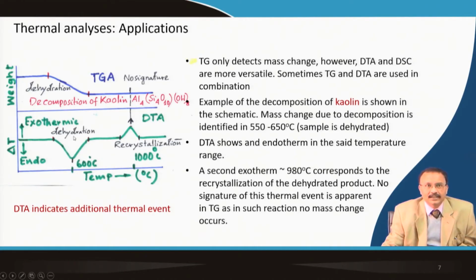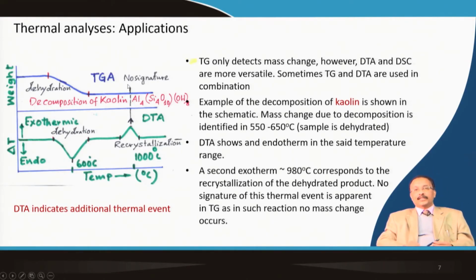But in addition, in case of DTA, you can see the presence of another peak. This is an exotherm which otherwise has no signature in the thermogravimetric analysis. The second exotherm at 980 degrees Celsius corresponds to the recrystallization of the dehydrated kaolin.